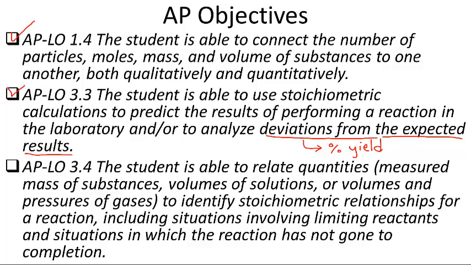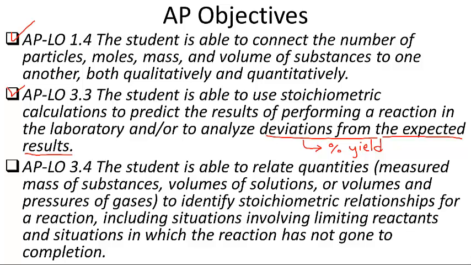And then the student is able to relate quantities, measured masses of substance, volumes of solutions, volumes of pressures of gases, to identify stoichiometric relationships for a reaction including situations involving limiting reactants and situations in which the reaction has not gone to completion.